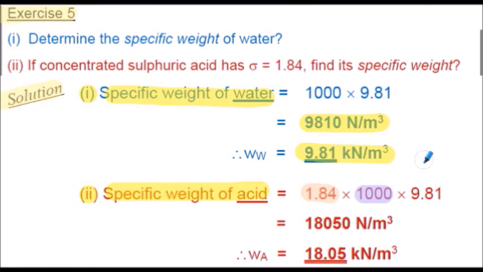Remember that liquids are always relative to water. And then we multiply by 9.81 meters per second squared. So essentially this is still mass density here, ρ, multiplied by g. Evaluating, the specific weight of the acid is 18.05 kilonewtons per meter cubed.